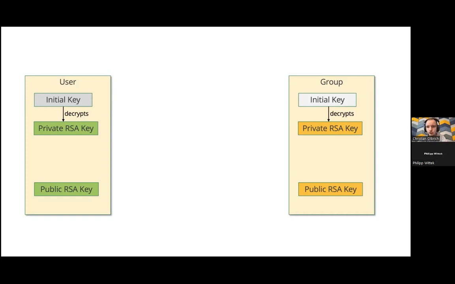It also has a private RSA key and a public RSA key, and the private key is again encrypted with the initial key. Now, for the user side, the initial key is either the password key of the user, or in a single sign-on context, the initial key that is encrypted by the crypto server.